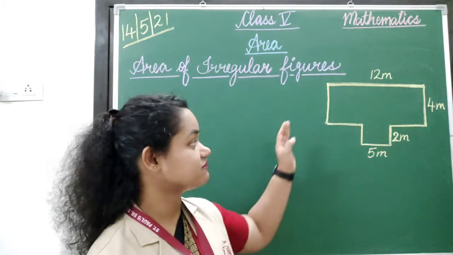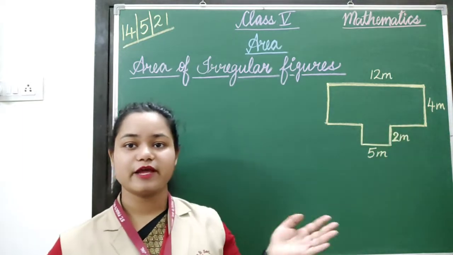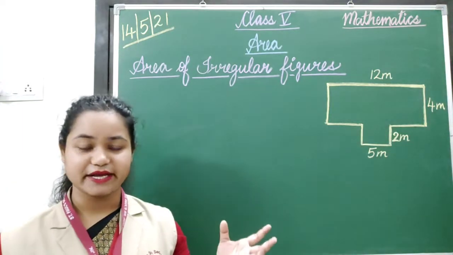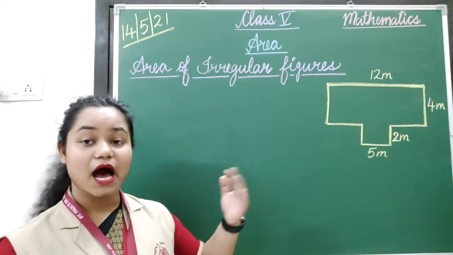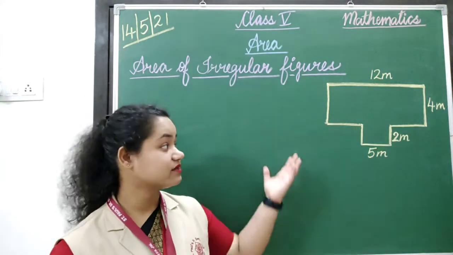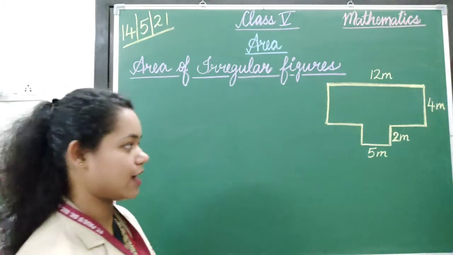Now we have to divide this particular figure into 2, 3, 4 parts. How many parts you want, you can divide. By dividing we can make our work easy. We can find the area of this figure easily. Let's see how.